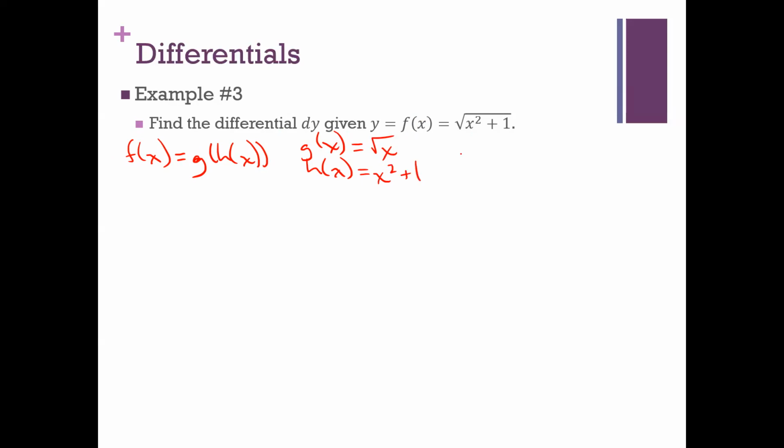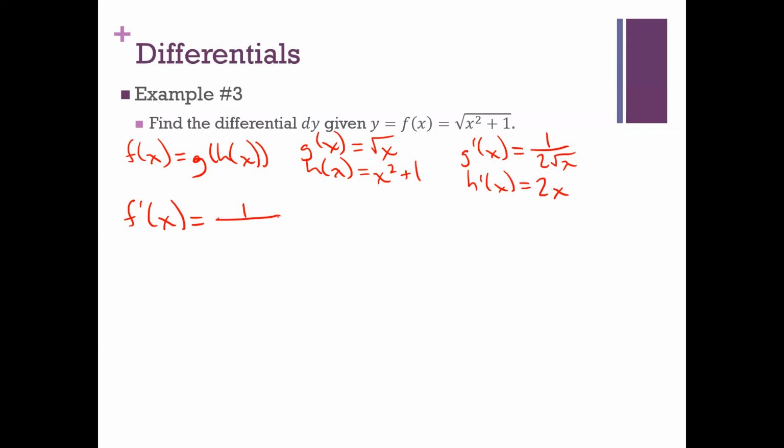Okay. We just did this derivative. What's h prime? 2x, okay. Then based on that, let's do the full derivative of f, which is 1/2 root x squared plus 1.